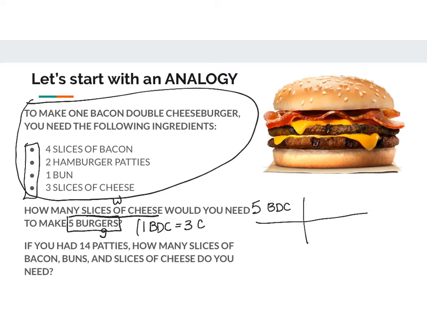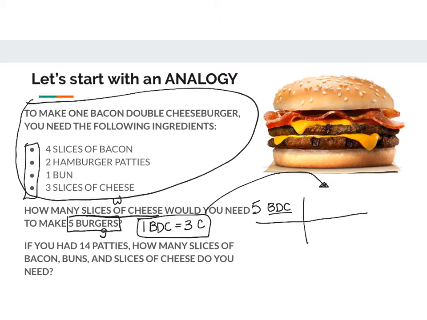Now I can use my conversion factor in the next column of my dimensional analysis. Remember that the whole point of dimensional analysis is to cancel out the units you don't want to get to the unit that you want.